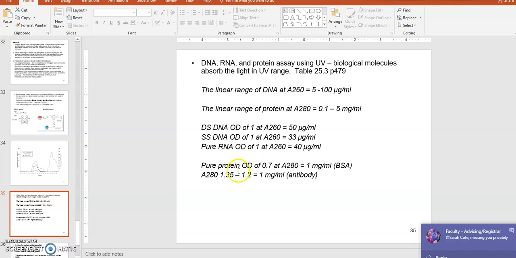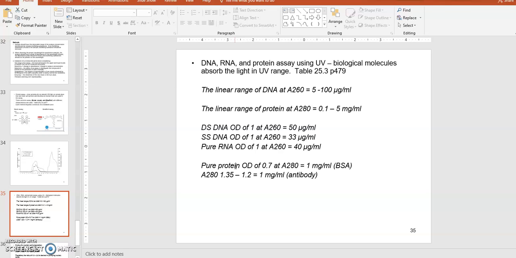Okay. Also, the purity of the DNA, RNA, protein samples can be estimated using the ratio. But before that, we're not using the UV light absorbance in protein quantification. I told you the reason why, because proteins have different light absorption profile based on what amino acid they have.